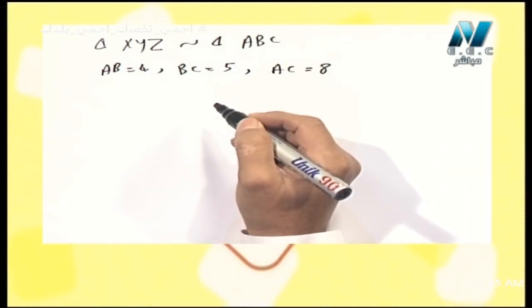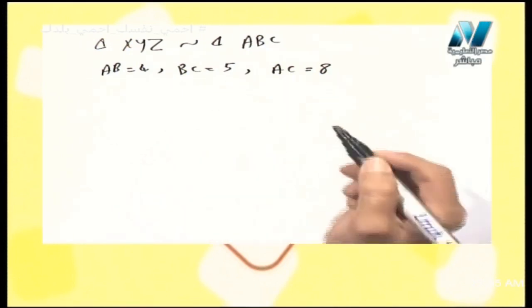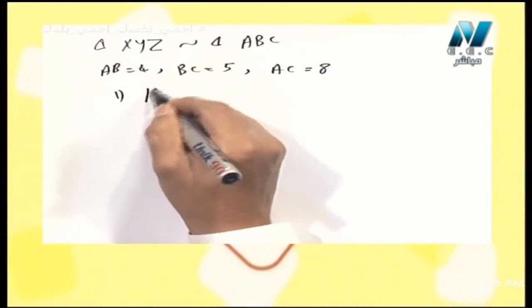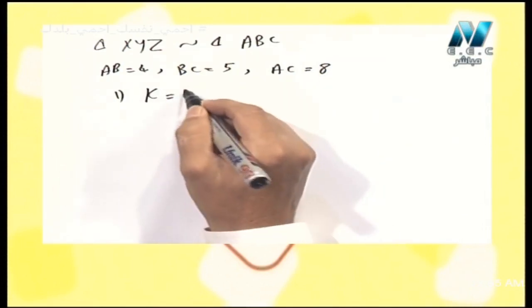Find the lengths of the sides of XYZ if the scale factor of the two similar triangles equals 2.4.